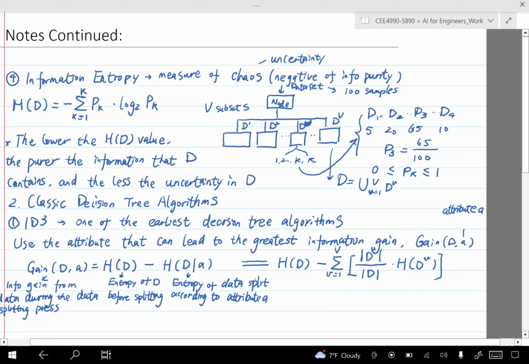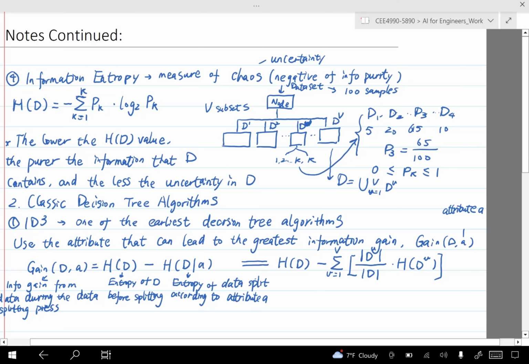We calculate the p, and then we can calculate the H(D) for each subset. But we split the data into V subsets. We want to calculate the information entropy of all of them, not just any one subset. So we need to do the sum, or weighted sum. And the weight here is the number of samples that each subset gets in that splitting process.